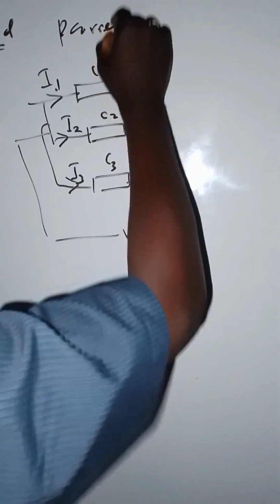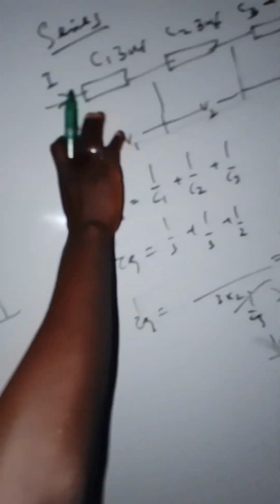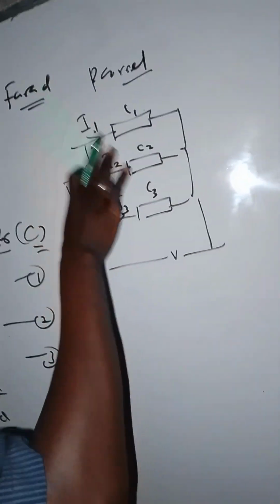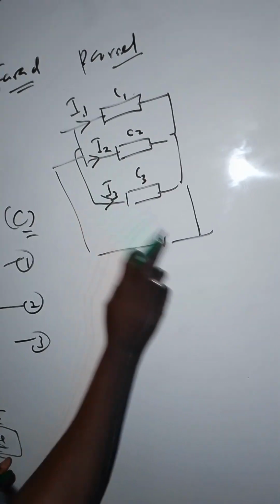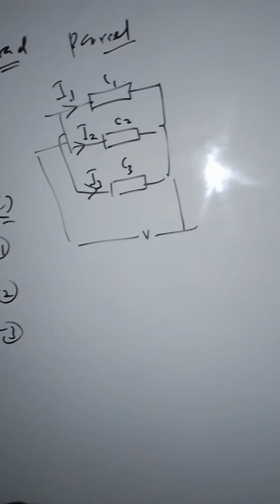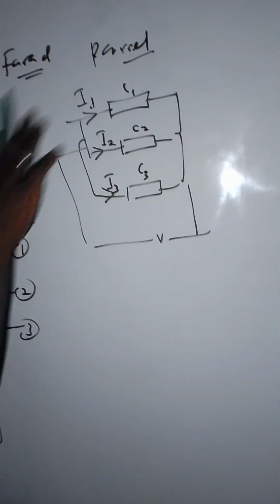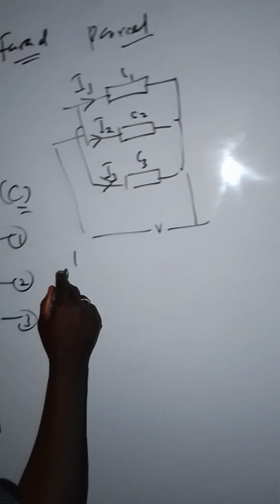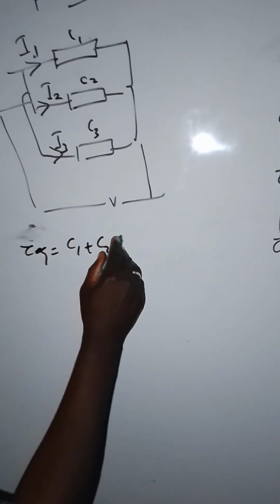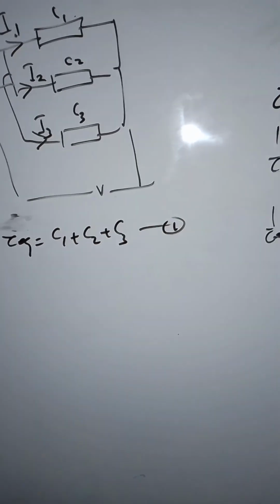Unlike the series, where we have the same current flowing through them and different potential differences, here the capacitors in parallel have the same voltage, but different currents flowing through them respectively. The formula for capacitors in parallel is C equivalent equals C1 plus C2 plus C3, as the case may be.